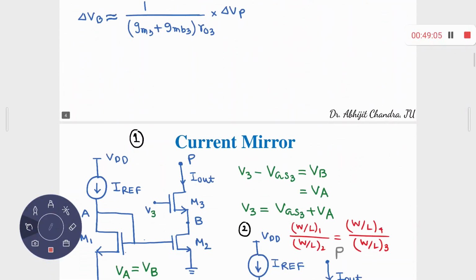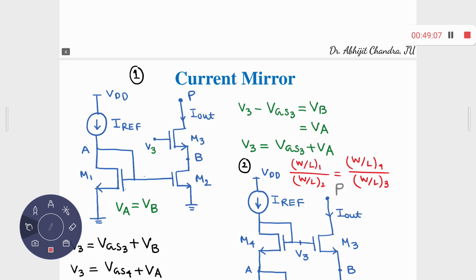This circuit is less accurate, but it has high availability. On the other hand, this circuit, circuit 2, is more accurate, but has less availability. Then what we are doing?